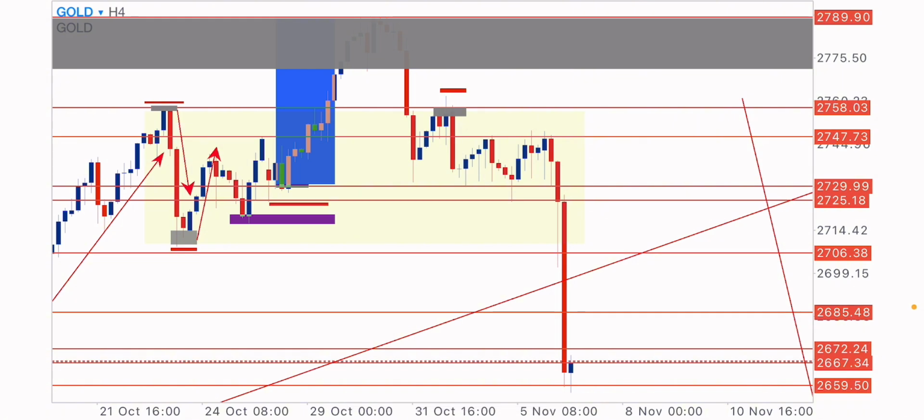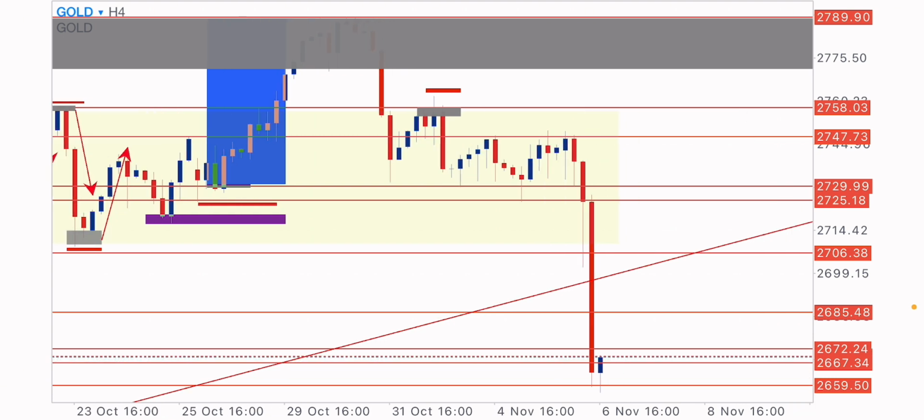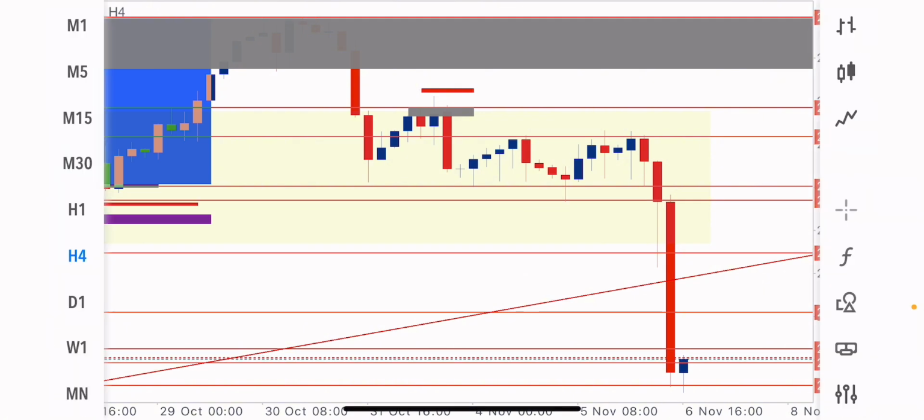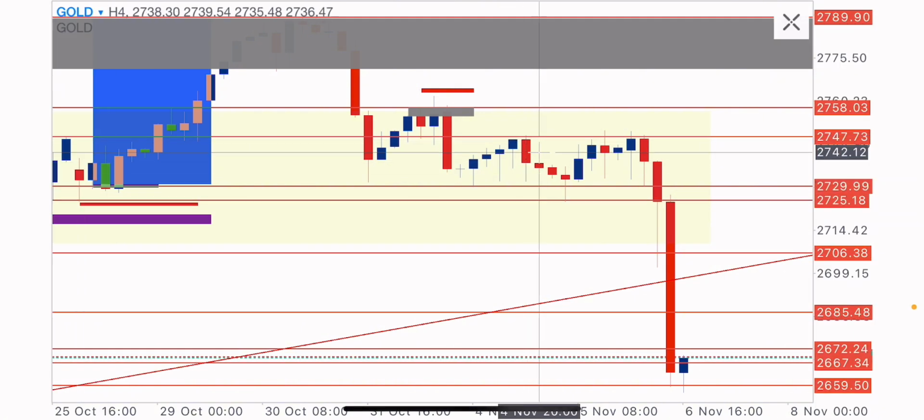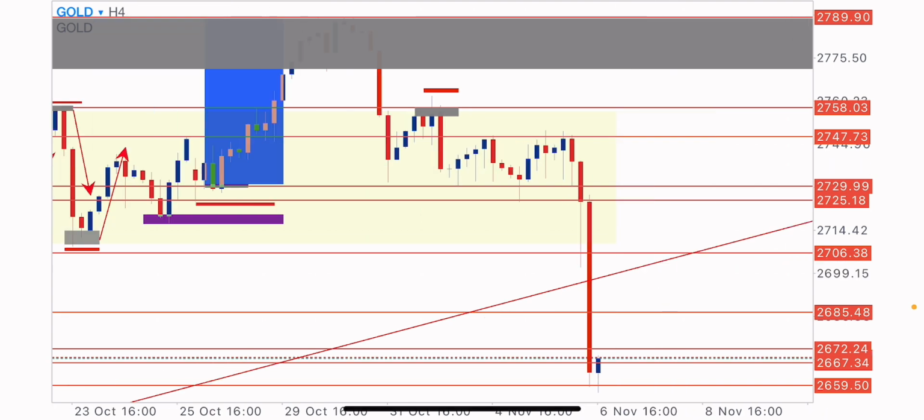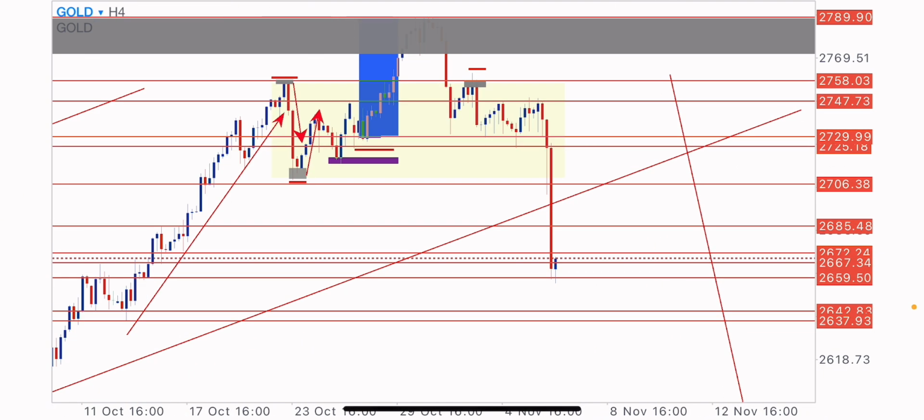This is how you can properly spot those entry points. This is how you can properly spot all those snipers, all those setups you see using the FX major strategy. So we can see that this is what we had right before a continuation to the downside. Let's jump into a 1-hour time frame.